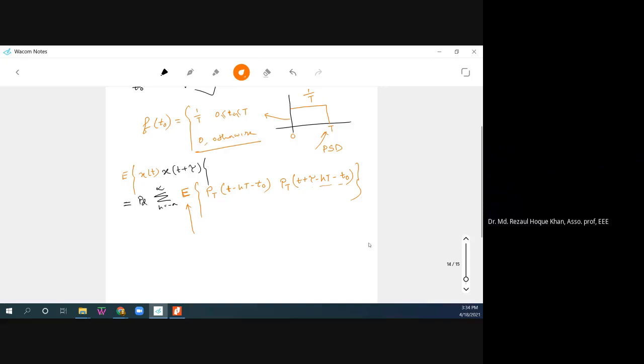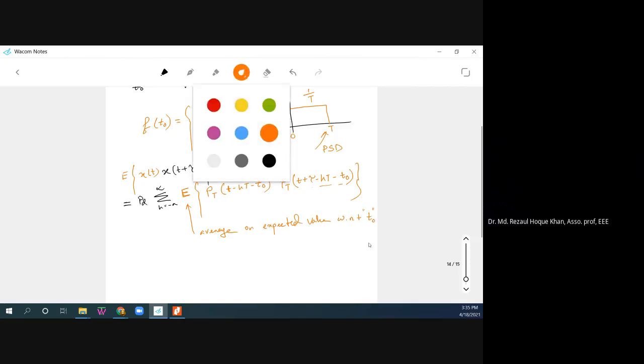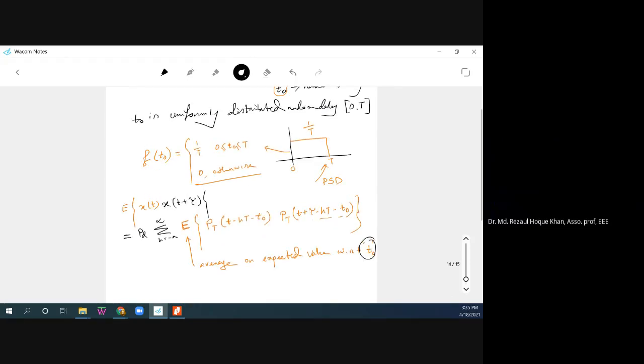We get the average, or expected value, with respect to t0, because we inserted a random delay t0, right? Now we will rewrite it.